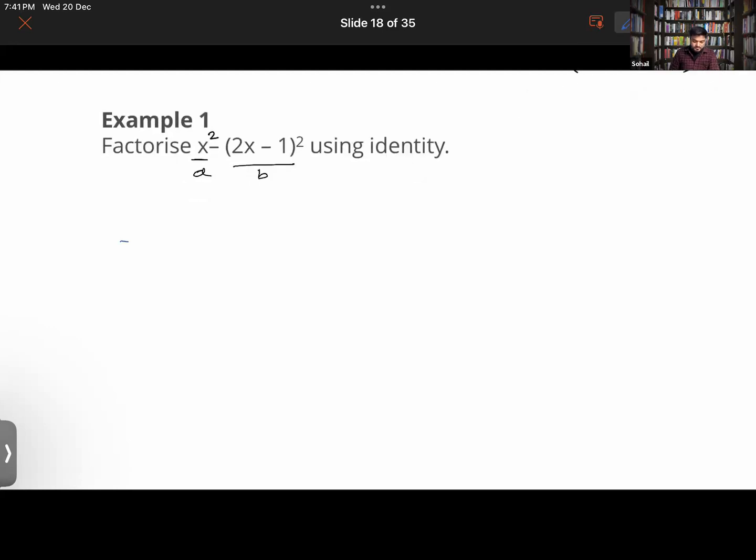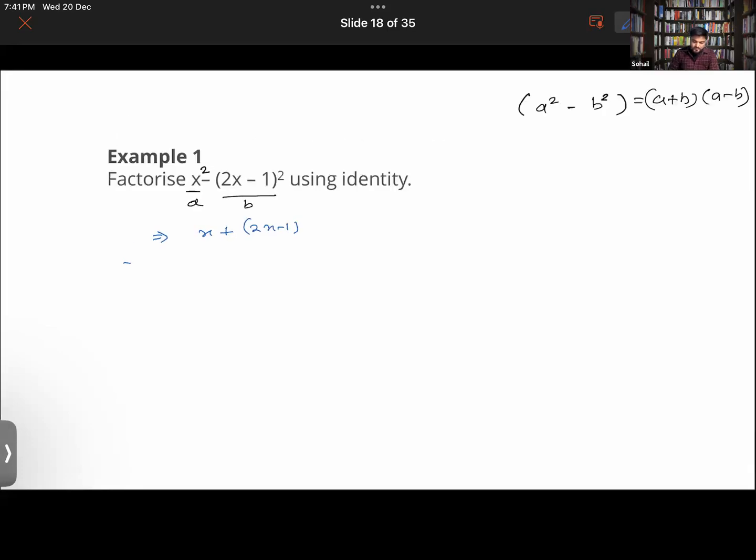So it is x plus 2x minus 1 into x minus 2x minus 1, in the format a plus b into a minus b, since it's a square minus b square. Thereby it becomes x plus 2x minus 1 into x minus 2x plus 1.